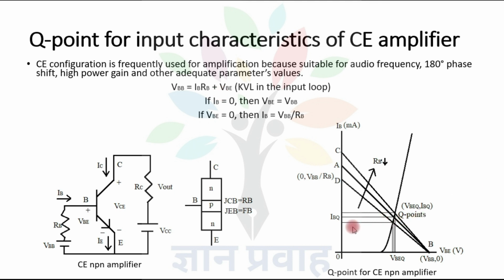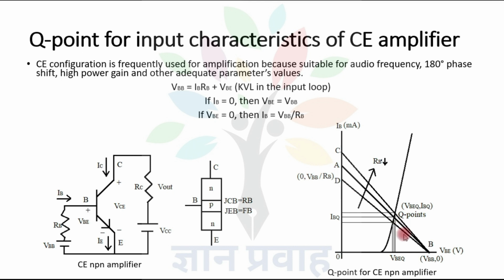This one is the input characteristic for the common emitter amplifier, and it is the same as the characteristic of a forward biased PN junction diode. So input current IB, input voltage VBE, and here we have mentioned the KVL equation for the input loop.